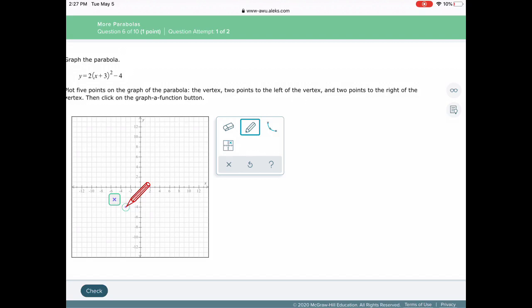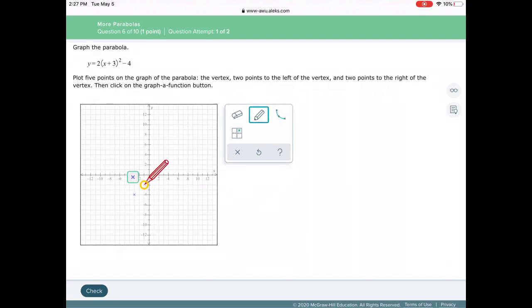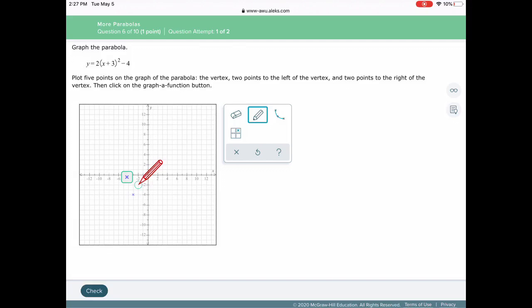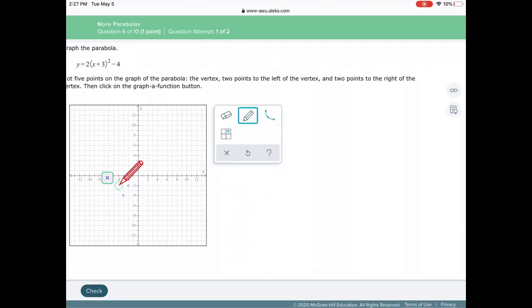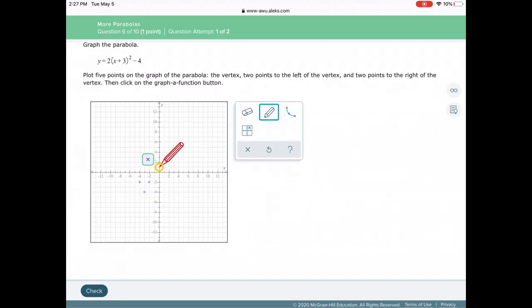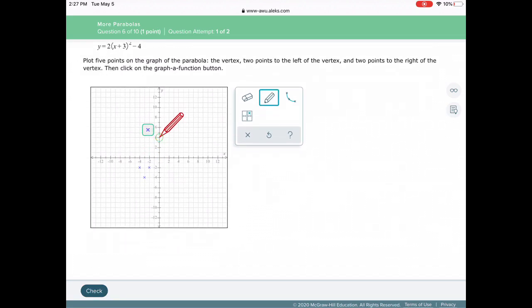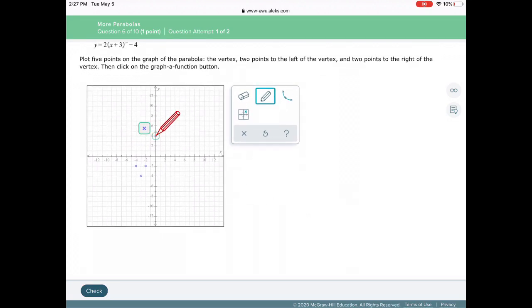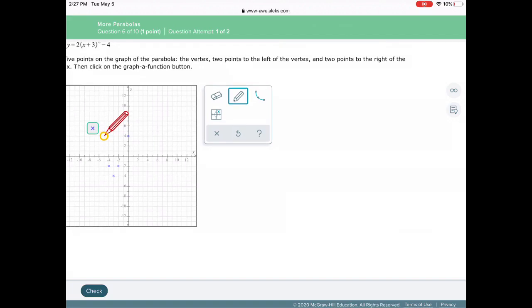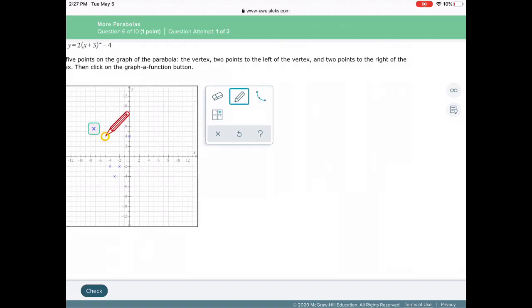And then -2, -2, and getting our symmetry here, we also have that for -4. And then -1 was all the way up at 4. And our -5 was also all the way up at 4. And go ahead and plot our parabola.